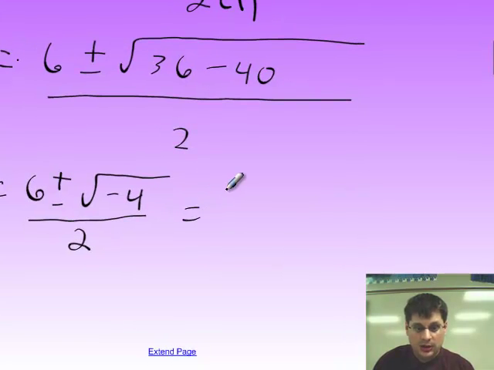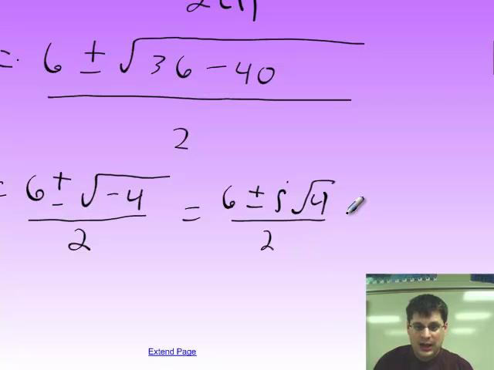In this case, I'm going to have 6 plus or minus i square root of 4, divided by 2. And the square root of 4 is 2, so that's going to be 6 plus or minus 2i.